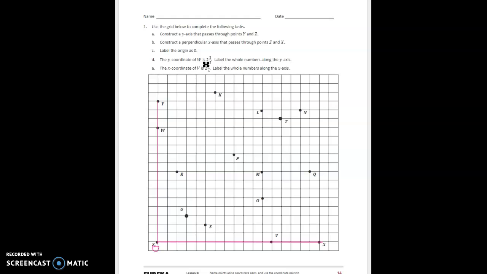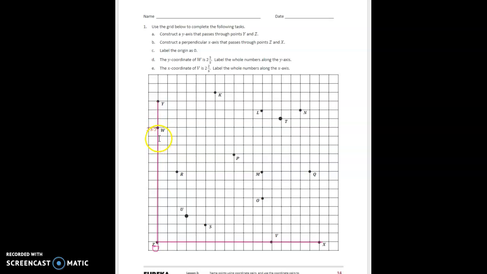We need to find W. Here's W here. That means that right there it is 2 3/5. So I'm just going to put right here for W, that's 2 3/5. That's that dot. What that tells us is that for every single marking, we look at the denominator, it's 5, right? Every marking is going to be a fifth.